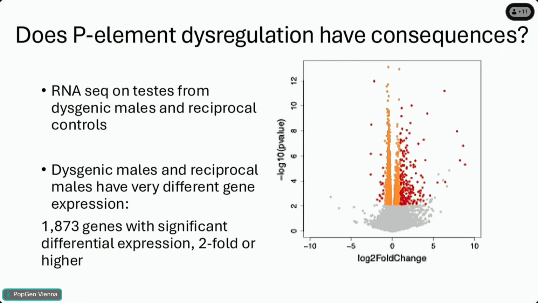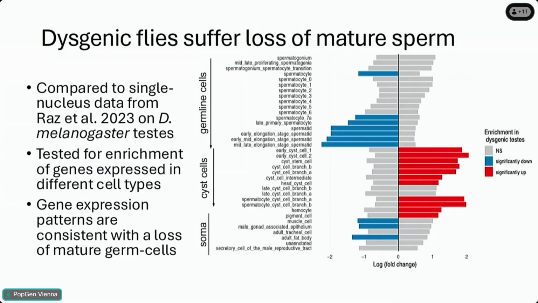So we used some single cell data, or single nucleus data rather, from melanogaster to try to disentangle this. This is data from the Raz et al. study. They characterized the genes that tend to be expressed in one cell type versus another.